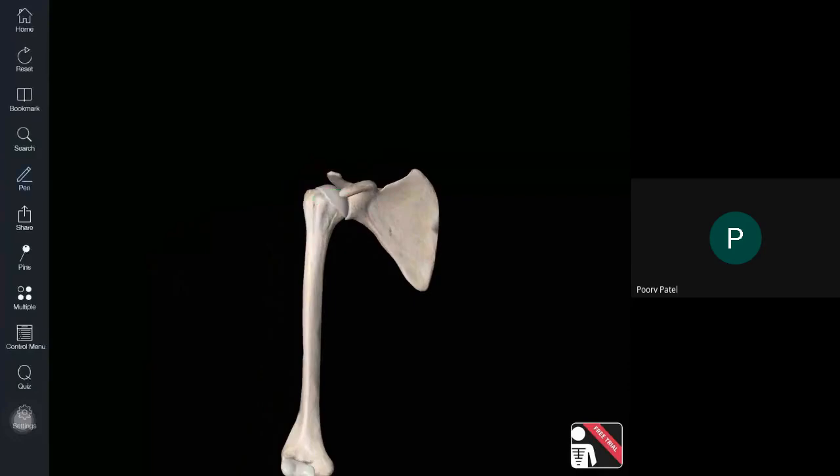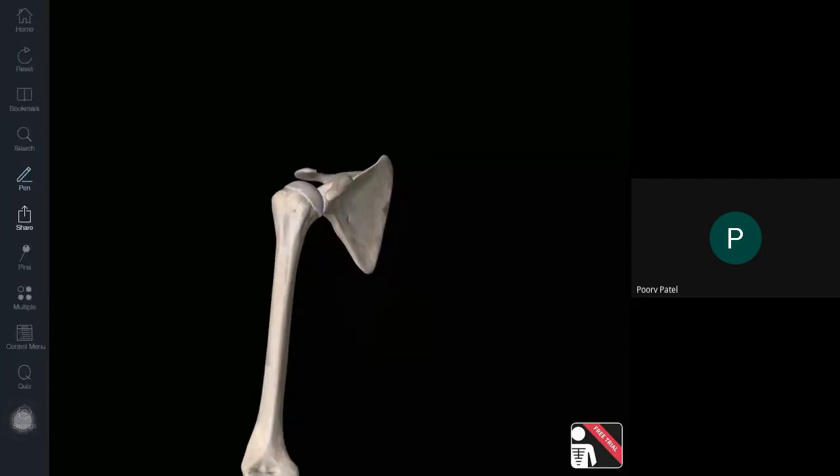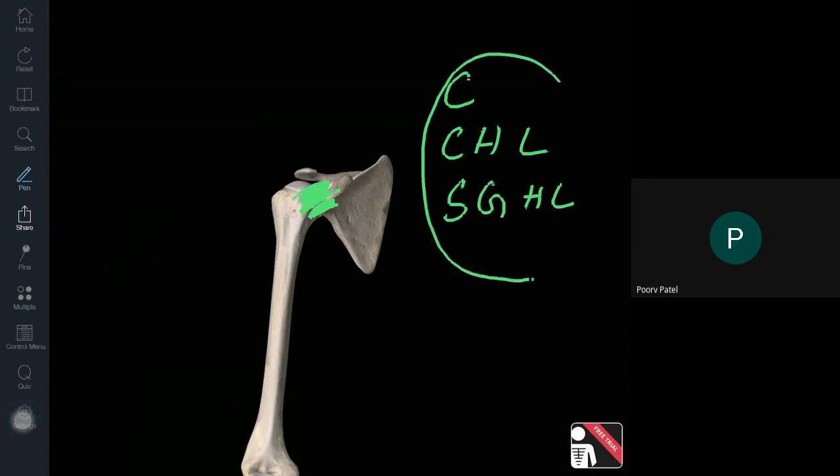This is coracoid process. You can see the coracoid process here. So this is coracohumeral ligament, and what is next? Third, superior glenohumeral ligament. So these 3, first is capsule, second is coracohumeral ligament, third is superior glenohumeral ligament. These 3 structures, it lies. Where it lies?